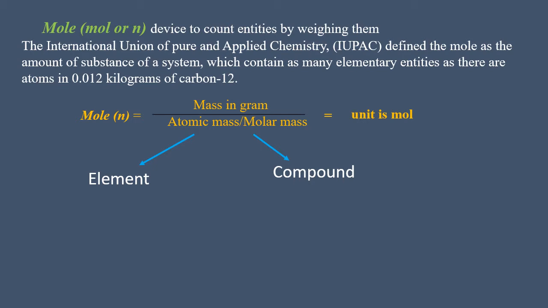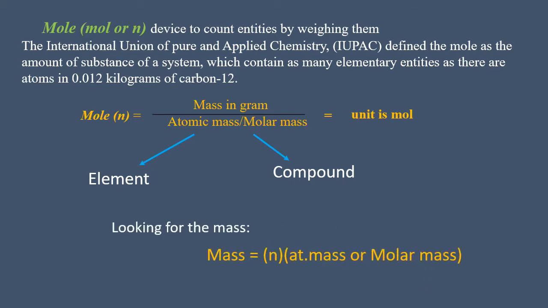If we are to calculate the mass of the substance, we just manipulate the given equation and we will have the formula: mass is equal to number of moles multiplied by the atomic mass if it is an element, or molar mass if it is a compound. Or in symbols, mass is equal to n multiplied by atomic weight, or MM.